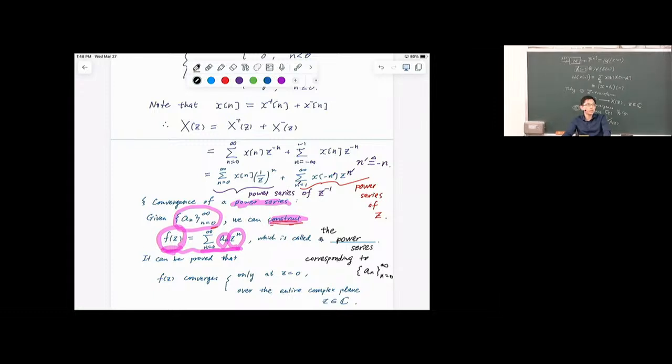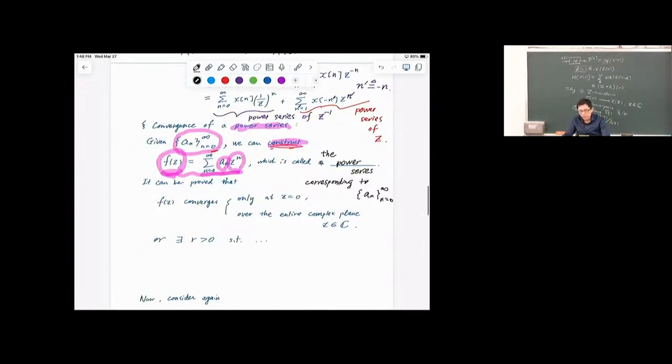And now next I want to just tell you a fact. For any power series, when we write down an expression like this, the region for f of z to converge has only three possible cases.